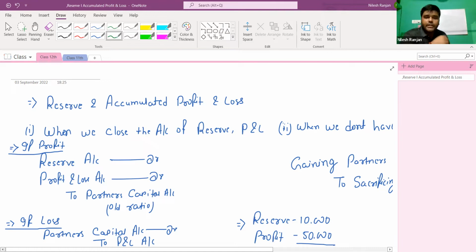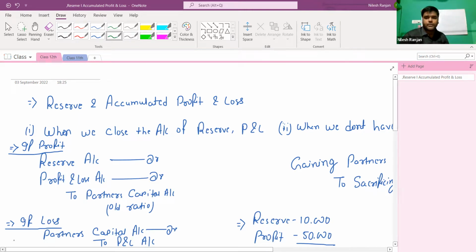If there are 3 profits given in the question and 1 loss, then we add all 3 profits and distribute them, but we have to distribute the loss separately. In the first case, we don't combine profit and loss. In the second case, we calculate the net balance by adding all the profits and deducting all the losses.